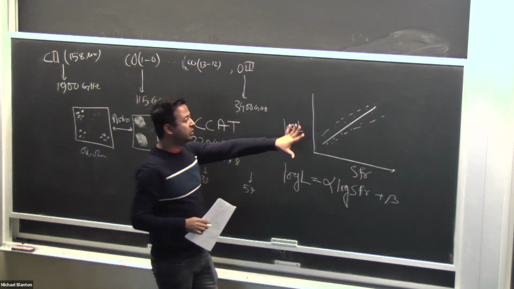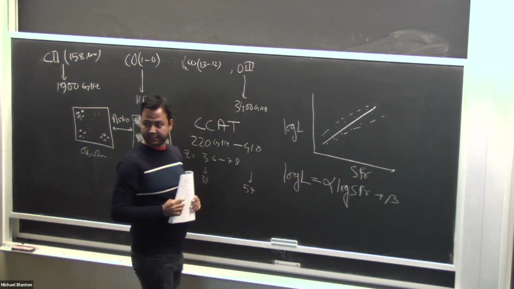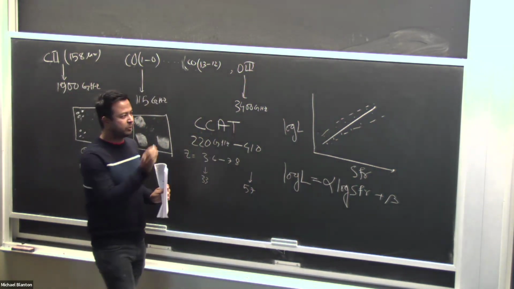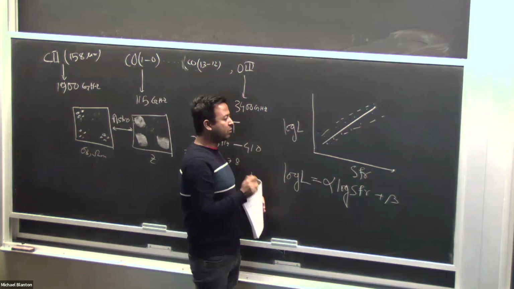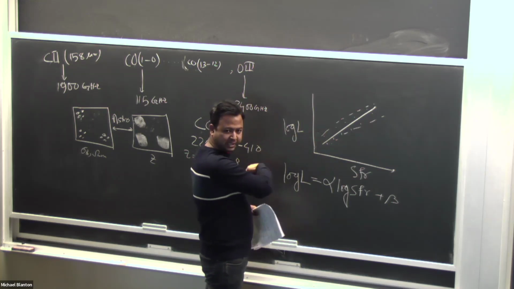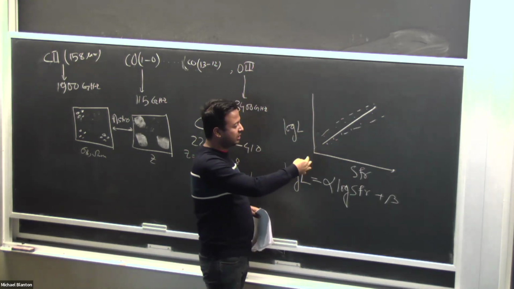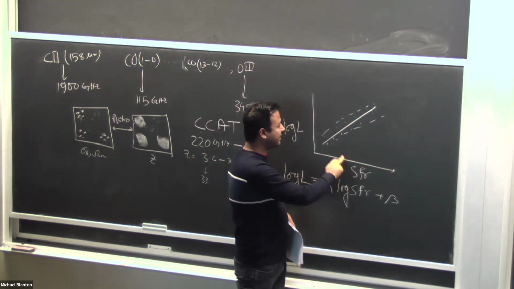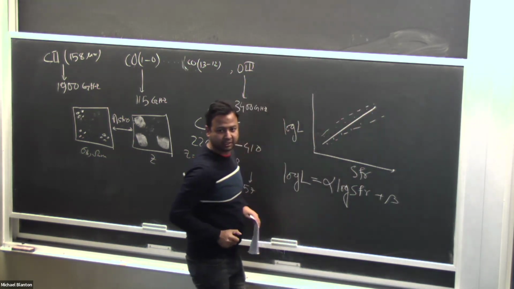And that is what we observe from targeted observations, for example, ALMA-like surveys. If we observe each galaxy and I want to measure the line luminosity for a particular line, that can be C2, CO(1-0), CO(2-1), and I relate it with the star formation rate, I usually get this kind of relation.